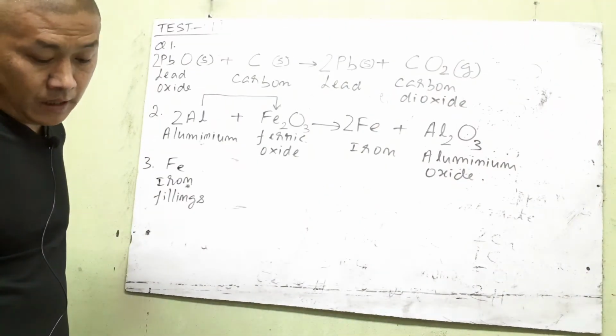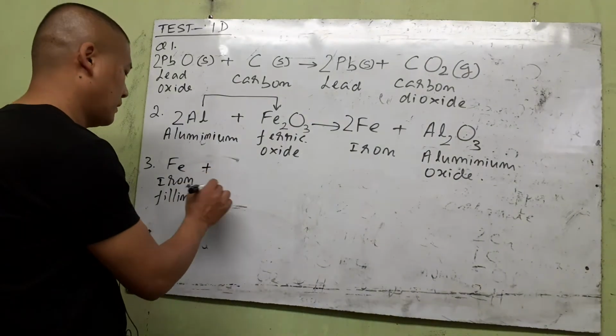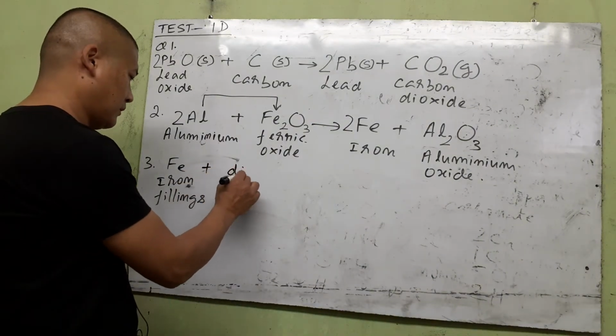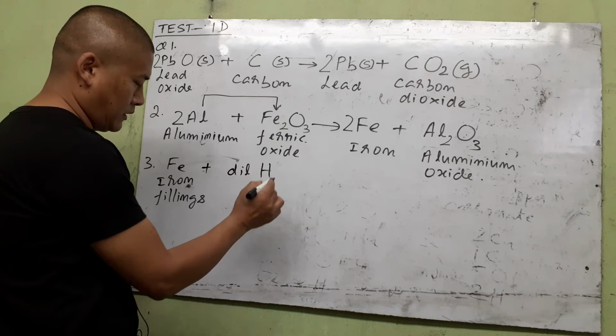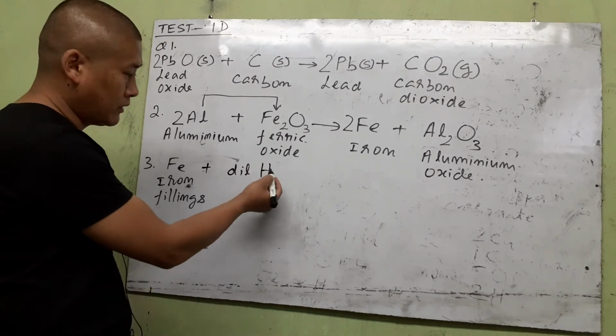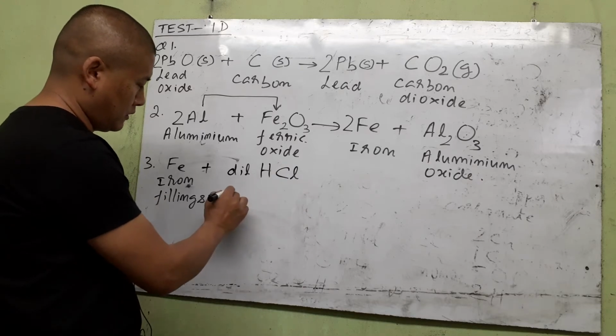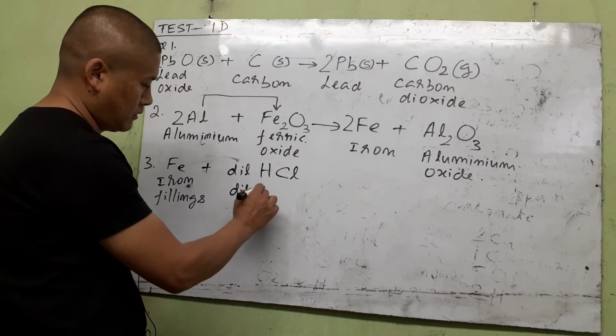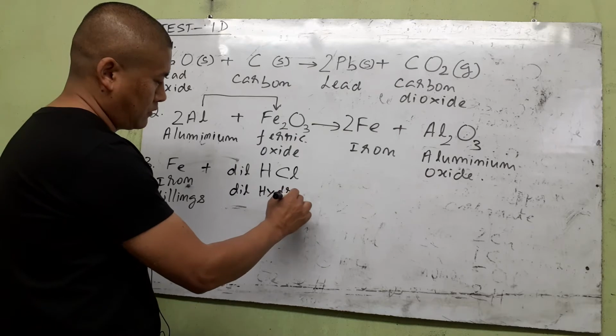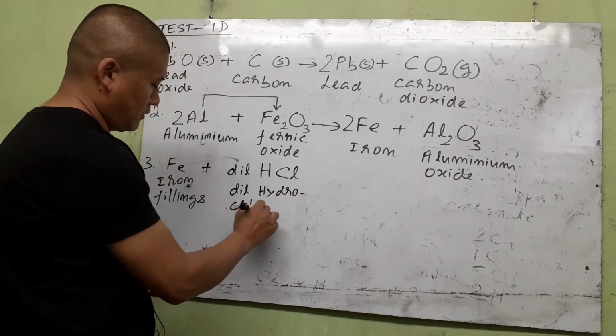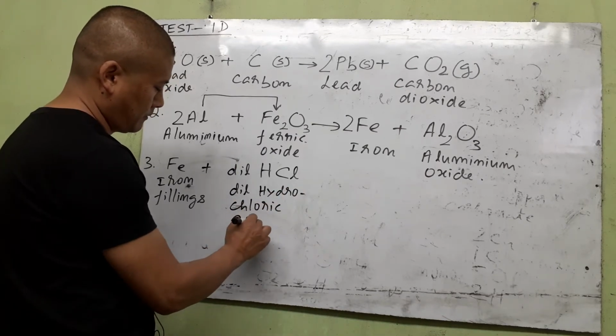reaction of iron filings with dilute hydrochloric acid. So plus, you write here dilute hydrochloric acid, chemically it is hydrogen chloride only, so H plus, and chloride is Cl minus, so 1, 1. So this is nothing but dilute hydrochloric acid.